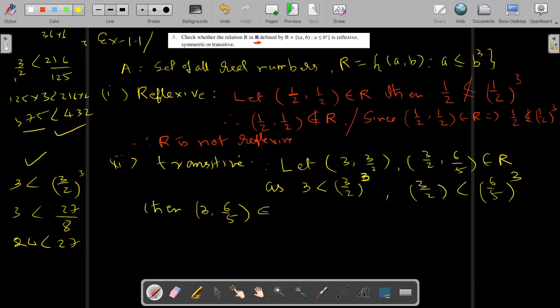No, it will not belong to R, as 3 is greater than (6/5) cube. You can check this also. Therefore, R is not transitive.